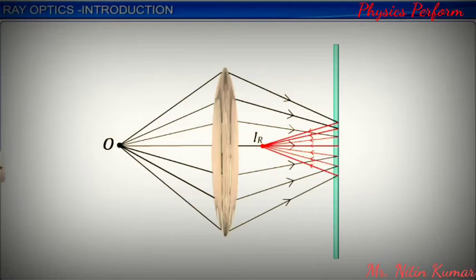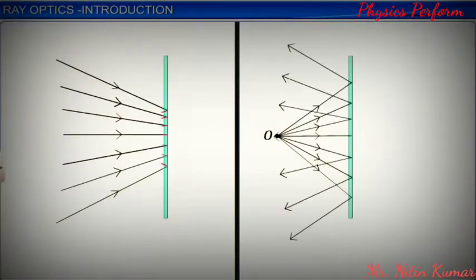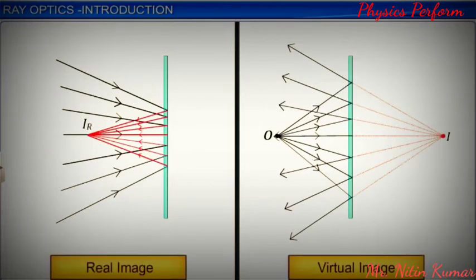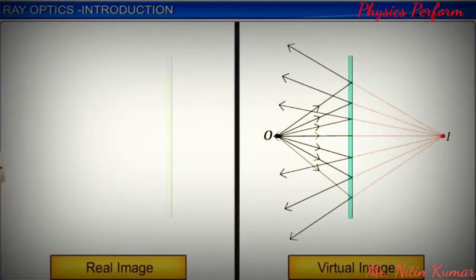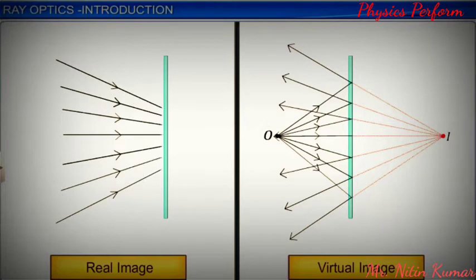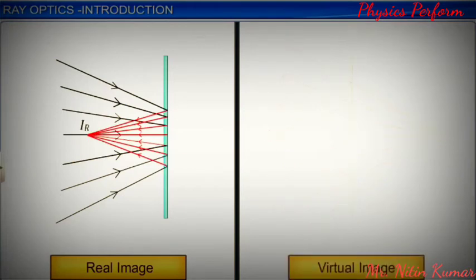Hence, we have two types of images, real and virtual images. When light rays from an object, after reflection or refraction, actually meet at a point and form an image, it is called a real image. If the light rays after reflection or refraction appear to diverge from a point, the image is called a virtual image.